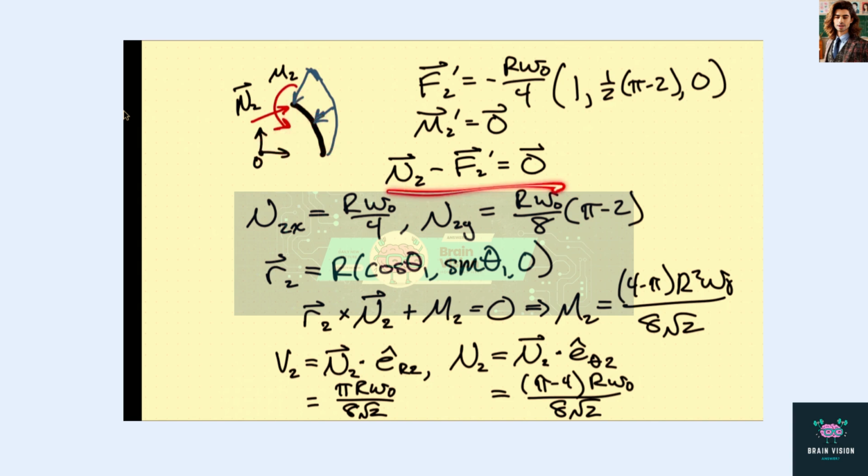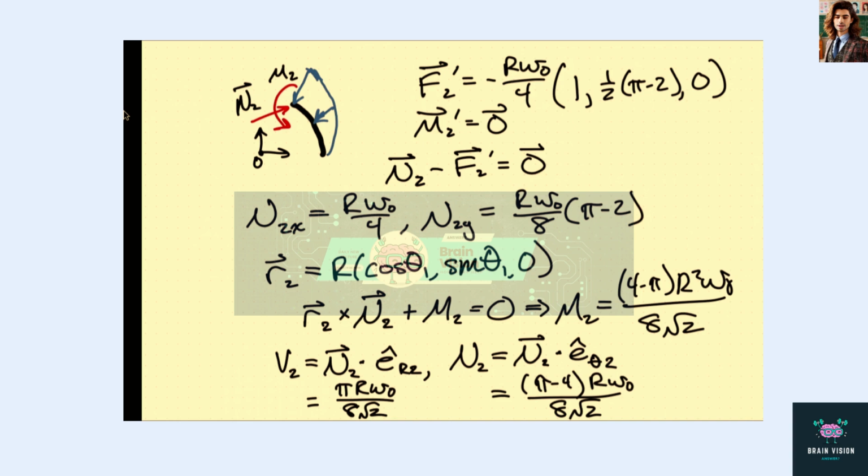Summing forces, we get that N2 minus F2 prime has to be 0, and that tells us that N2x is r times omega naught over 4, N2y is r times omega naught over 8 times pi minus 2.